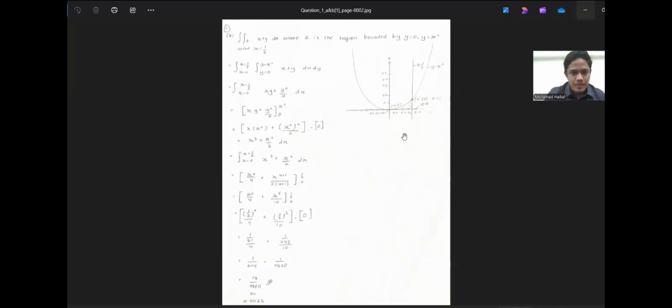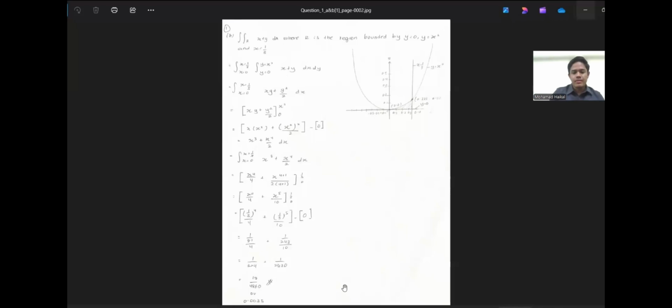So we put the dy first, and then we got the answer for dy is x cubed plus x to the power 4 over 2 dx. And then for the limit x equals 1 over 3 and x equals 0, we use the integration, and the final answer is 17 over 4860, or 0.0035.